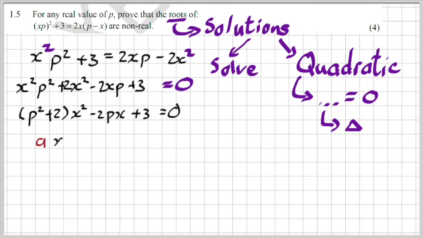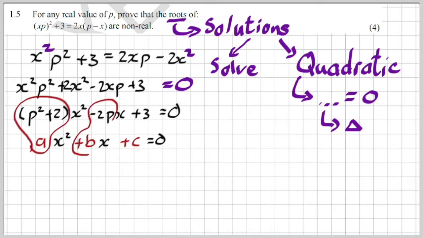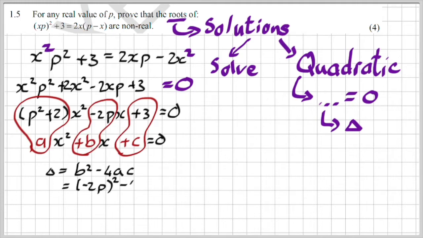And now it's standard form, because I wanted ax squared plus bx plus c equal to 0. This means that a is p squared plus 2, b is negative 2p, and c is 3. So delta, which is b squared minus 4ac, if I substitute this in: b is negative 2p, a is p squared plus 2, and c is 3.